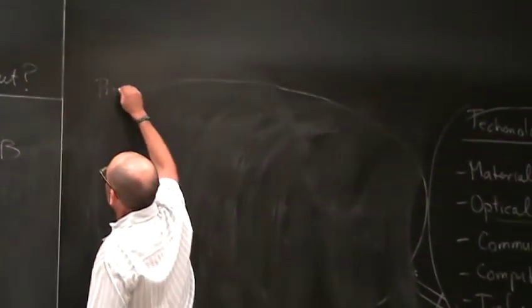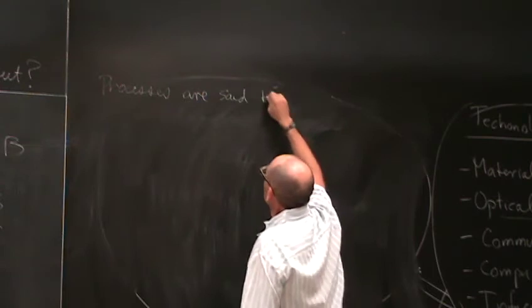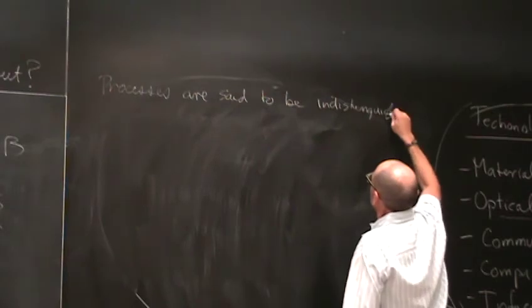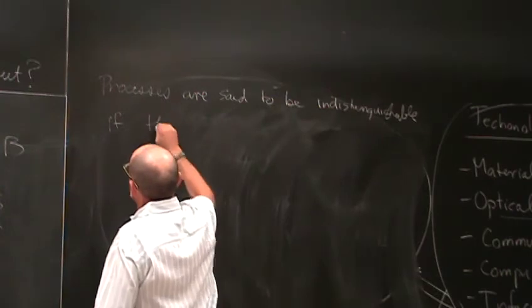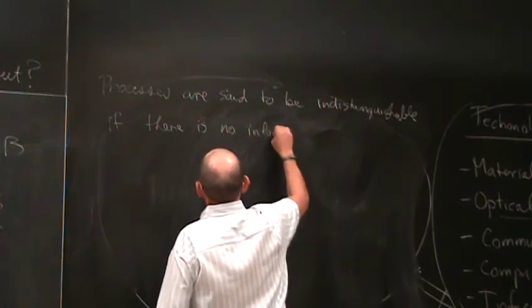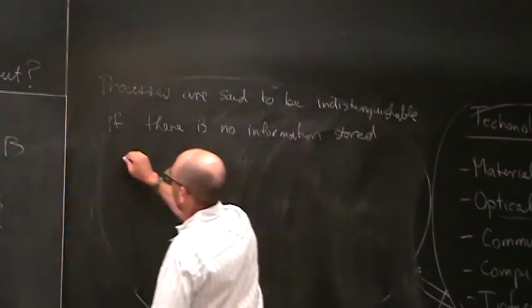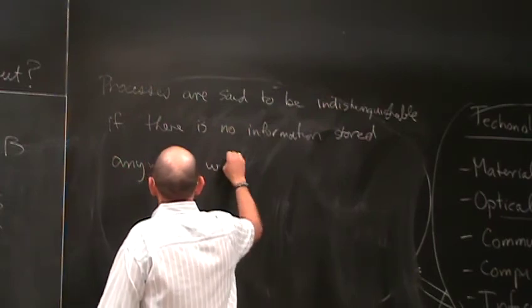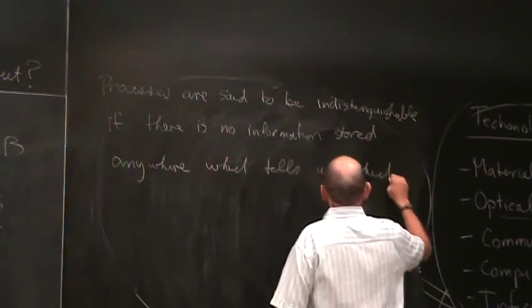So processes are said to be indistinguishable if there is no information stored anywhere which tells us which process happened.